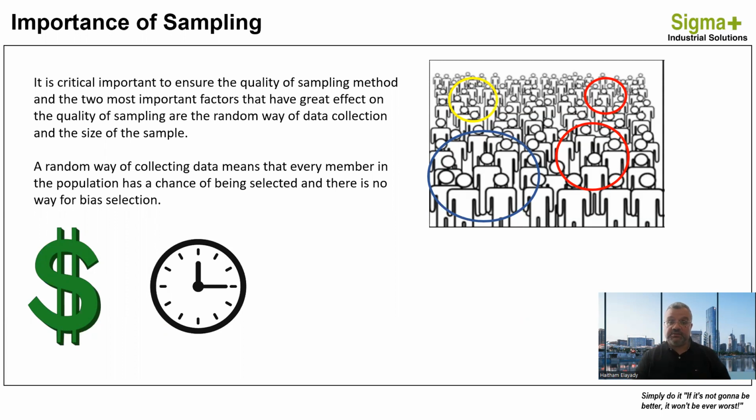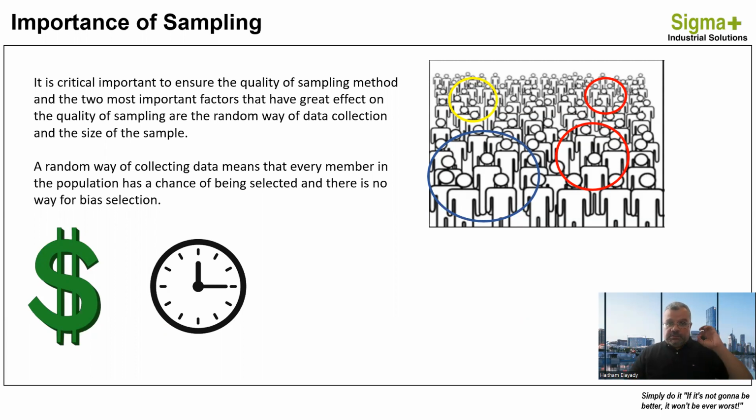The second vital factor is represented in the criteria of data collection, to ensure that we have collected the data in a random way. And what do I mean by a random way?